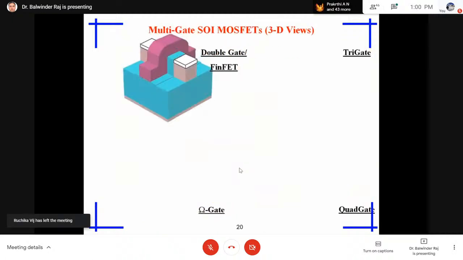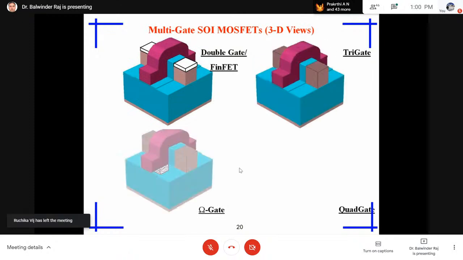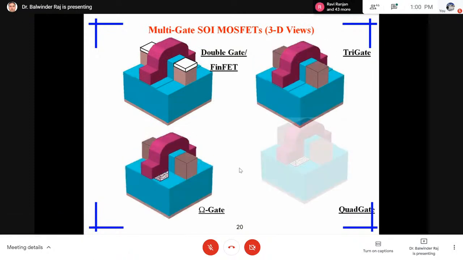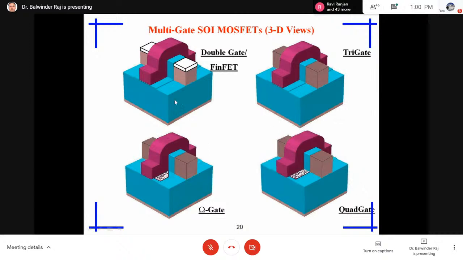So next is the multi-gate structure with the SOI devices. We have double gate FinFET. This part is known as a box, and the double gate, front and back gate, can be grown, and the top side and bottom side have a high oxide thickness. Then this is the triple gate type of SOI multi-gate MOSFET.